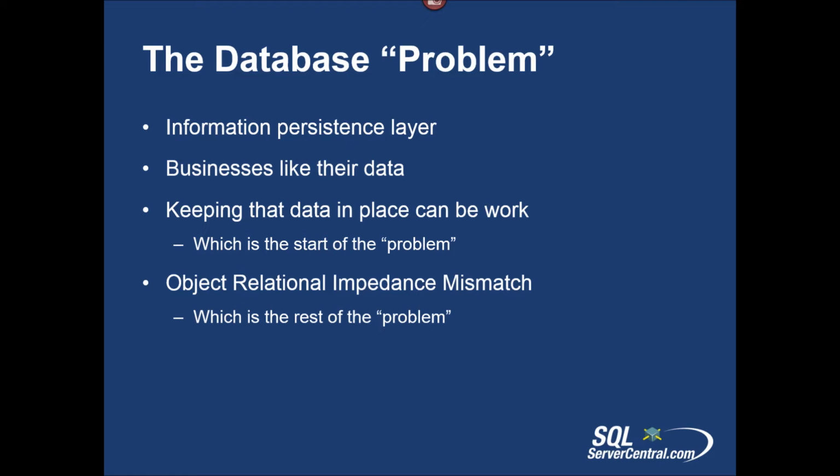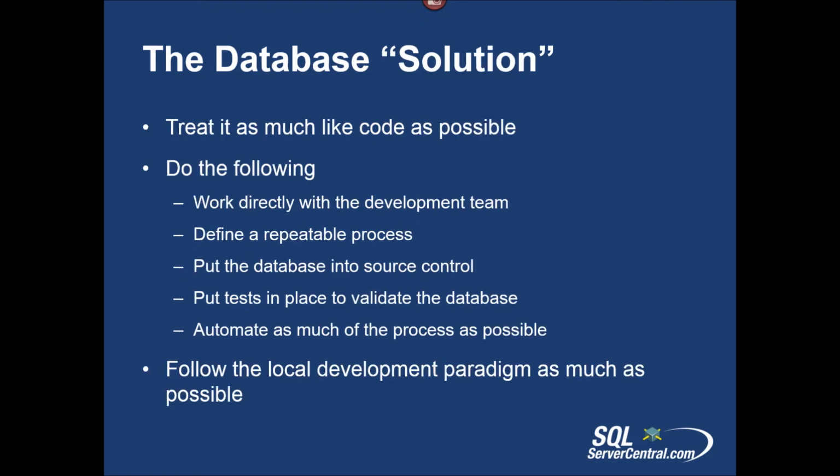And so the database problem can be boiled down to those two things. I mean, there's a whole slew of other issues in and around it, but the two issues are the fact that you've got to maintain that data forever, and the fact that the mapping between your objects and your databases is very, very difficult. So that's the problem. That's the difficulty.